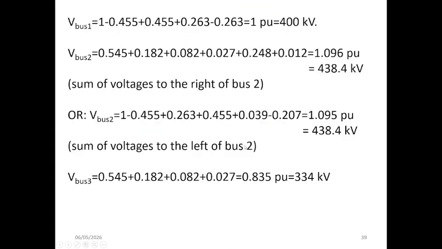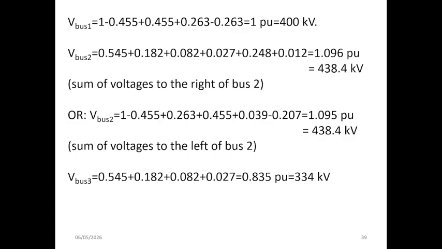This slide explains how the voltages at different buses can be determined by summing all incident traveling wave components obtained from the lattice diagram. At bus 1, the voltage is calculated by adding the incoming and reflected wave components, giving V bus 1. We can just replace the values. At the end, we find 1 per unit or 400 kilovolt.